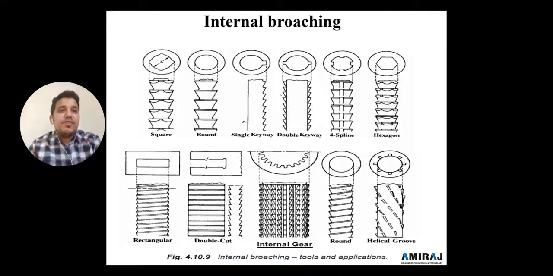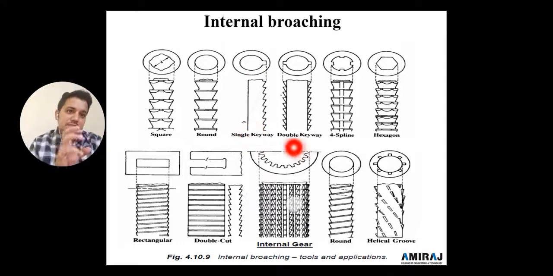So this kind of internal broaching is there. Have you observed, this is the square, you can observe here, this is the cross section area around a single keyway. When we are applying any shaft or any joiner, at that time if you want to provide a slight keyway, then we are using one kind of single point cutting tool type, hacksaw type blade.